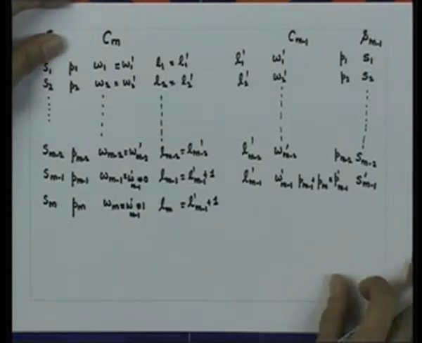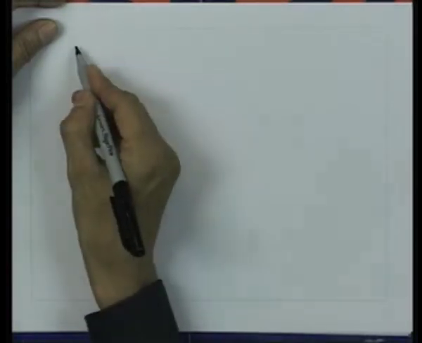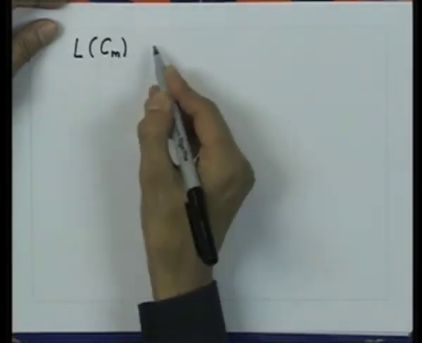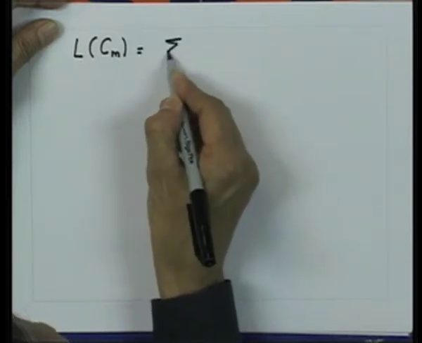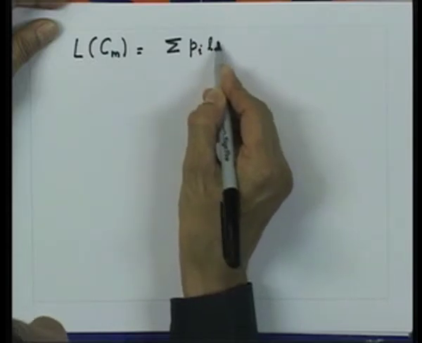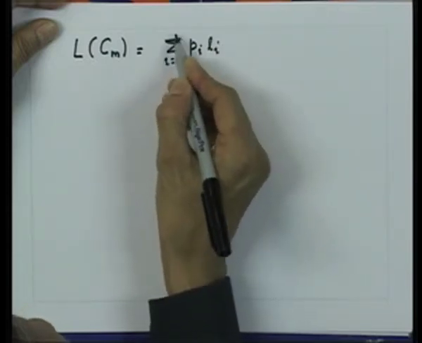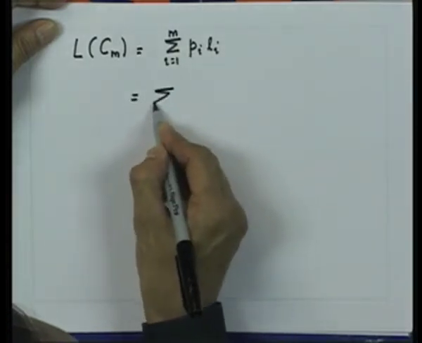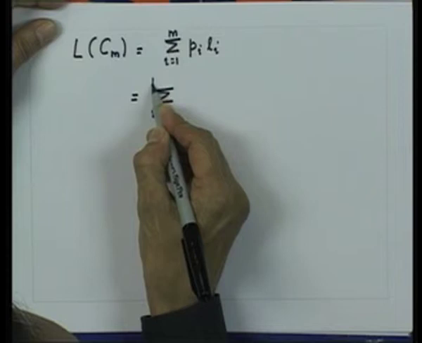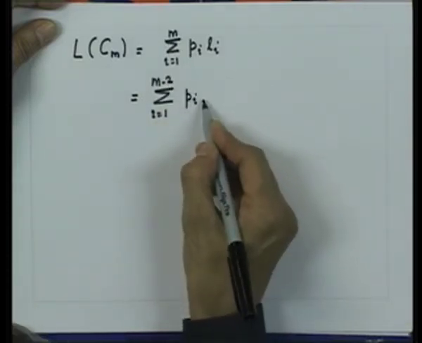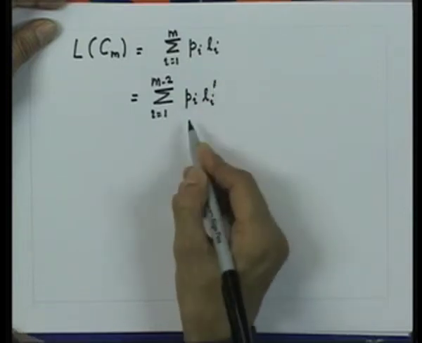The average code length can be broken up as follows.